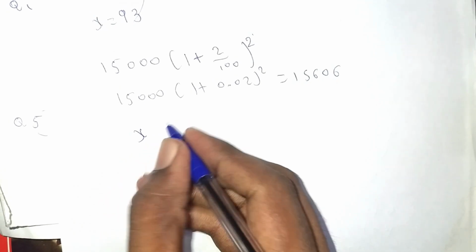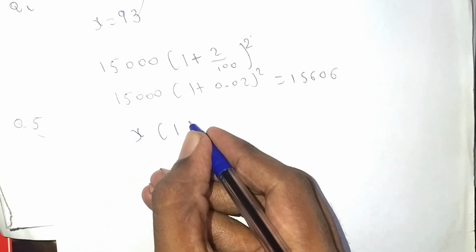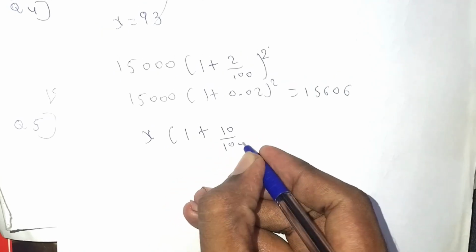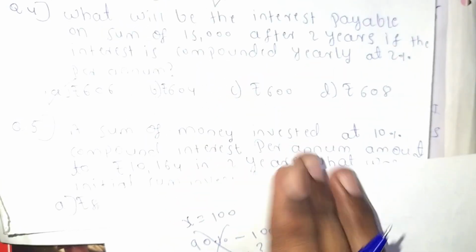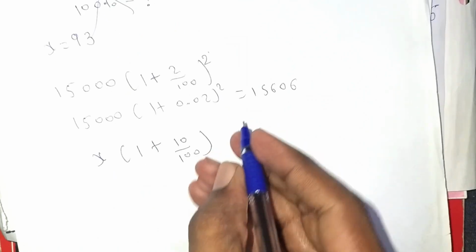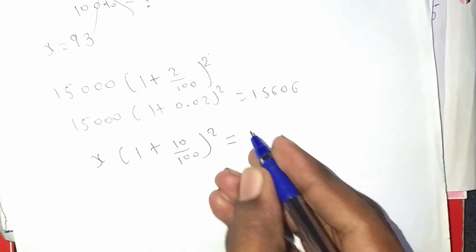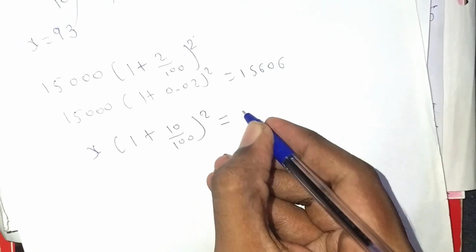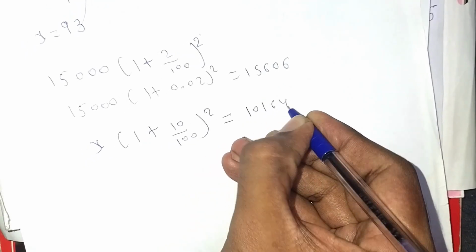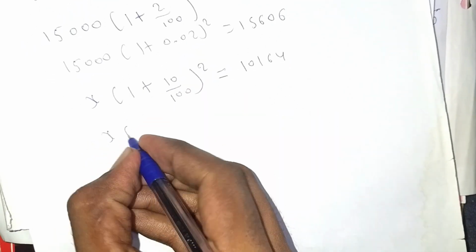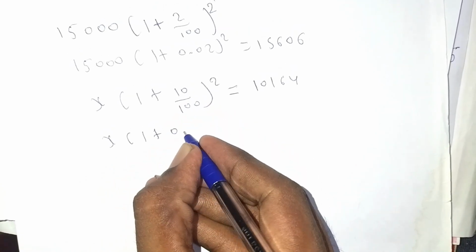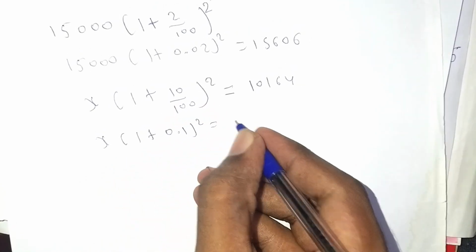Let's check here. We have to apply the same formula, but here we don't know the initial money, so we take it as x into 1 plus 10% compound interest divided by 100, whole power 2 years, is equal to the total money, 10,164.